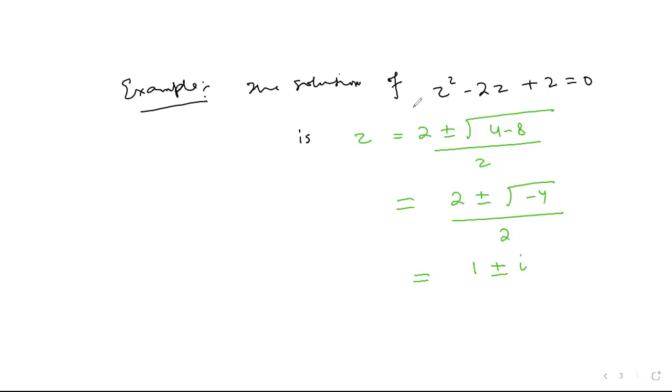I repeat, the solution of this quadratic equation in z squared minus 2z plus 2 equal to 0 is z equal to 2 plus minus square root of 4 minus 8 divided by 2, which is 2 plus minus square root of minus 4 divided by 2, which is 1 plus minus iota, right?